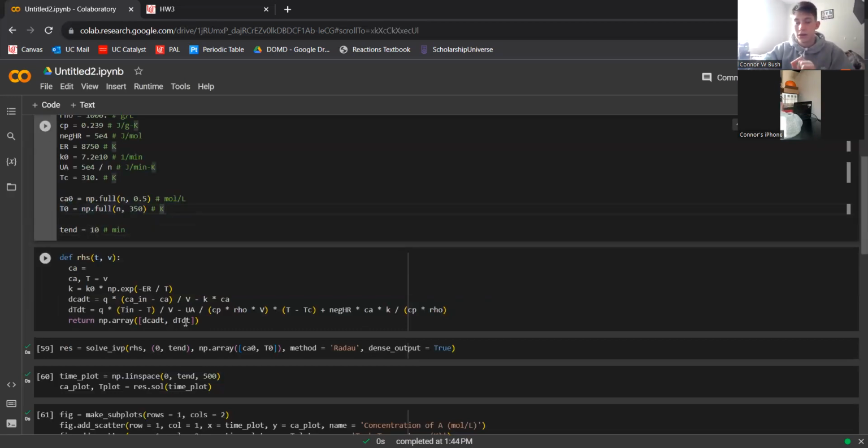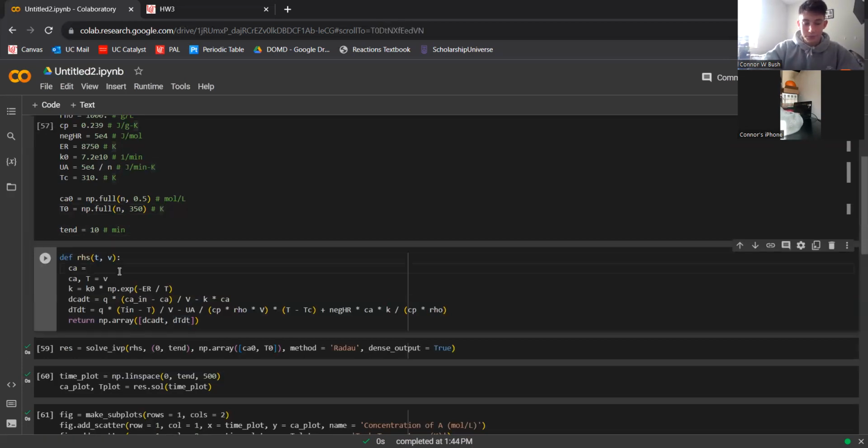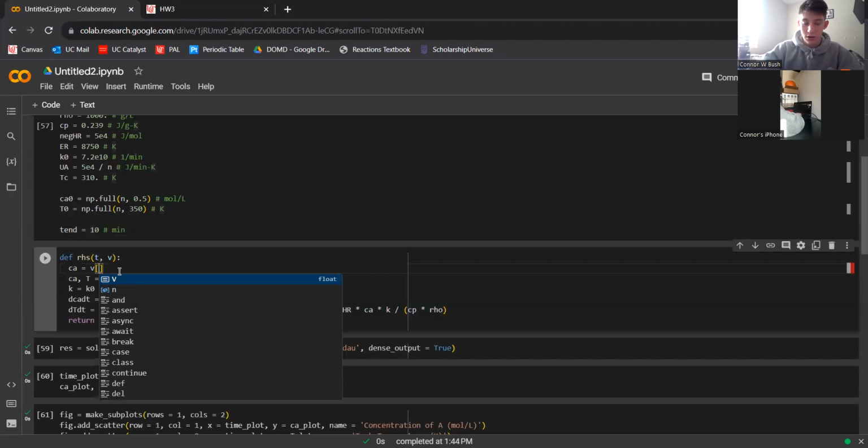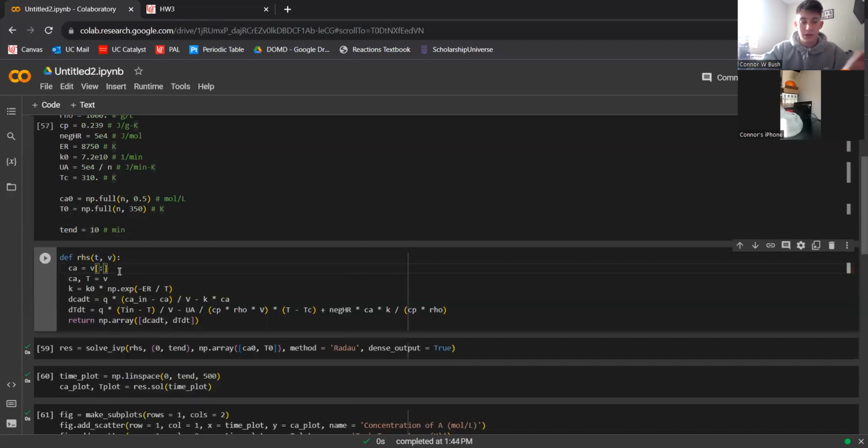So it's a 1 row vector of all 15 of the initial concentration guesses and then all 15 of the initial temperature guesses. So to model that here, for the vector, we're going to start at the beginning value, starting from 0. We're going to go to N. And since we're stopping at N, it does not include N.